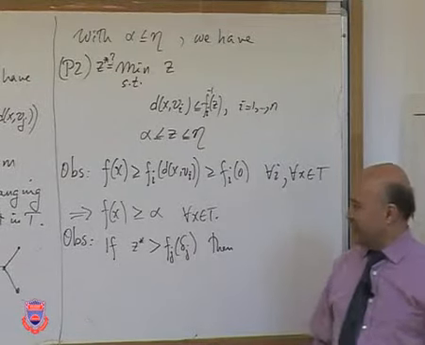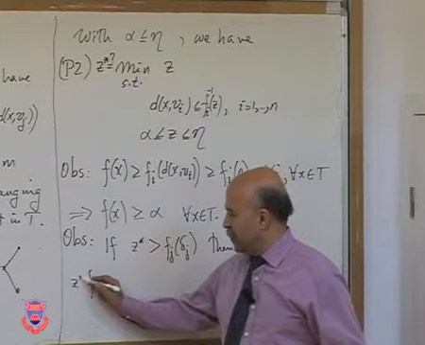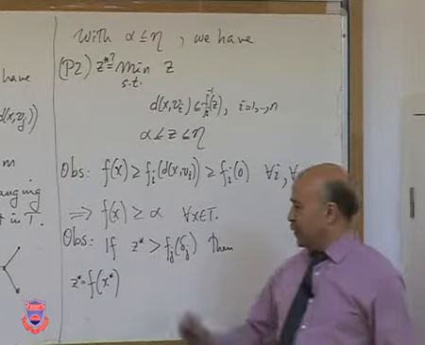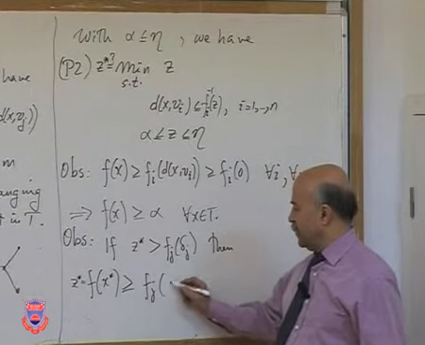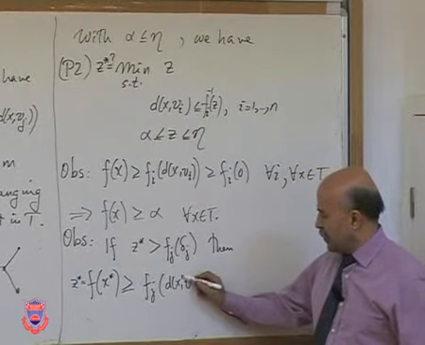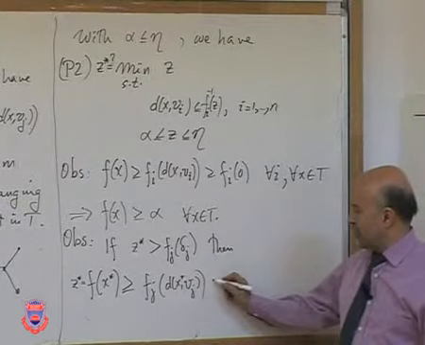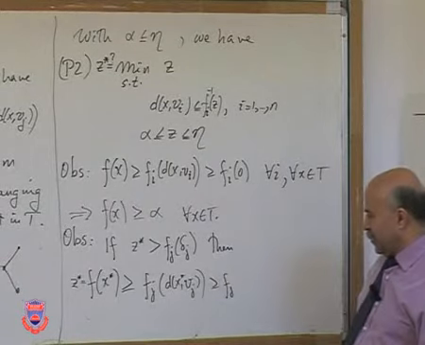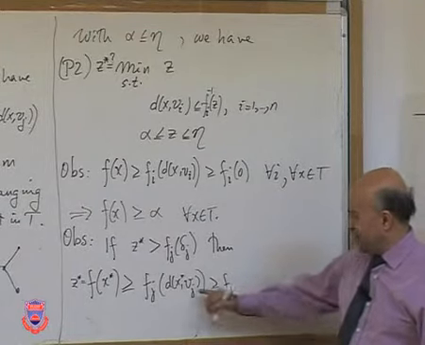Which one are you saying? Then, of course, whatever the optimum value you have, it's going to be defined by some point, say x star, which is going to be greater or equal fj of d x star vj. That's what you're saying, I guess. Put the fj delta j before.